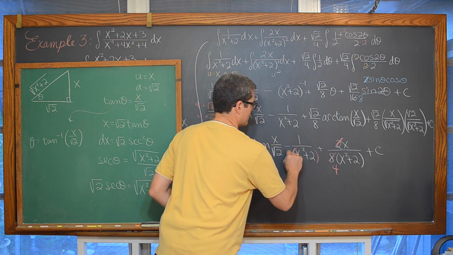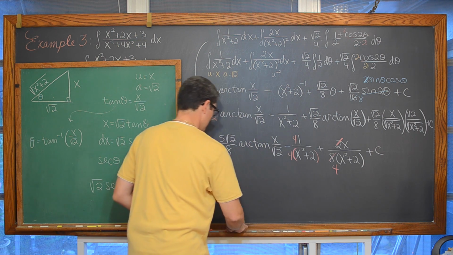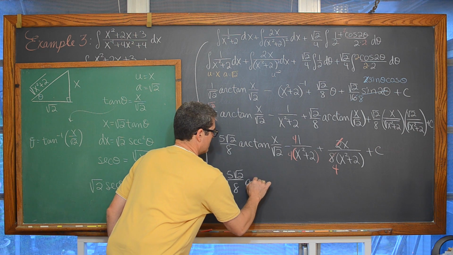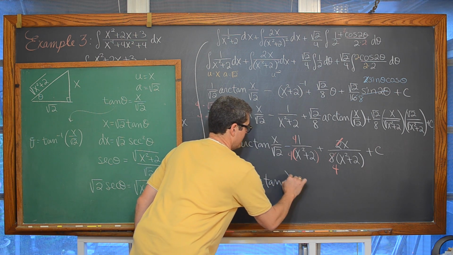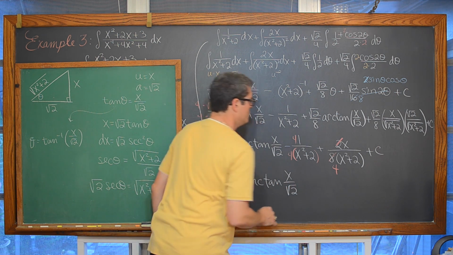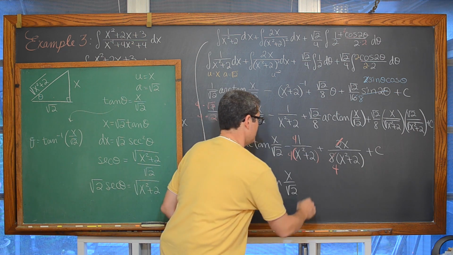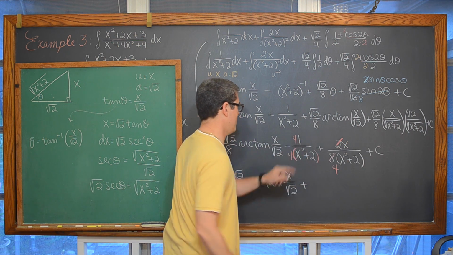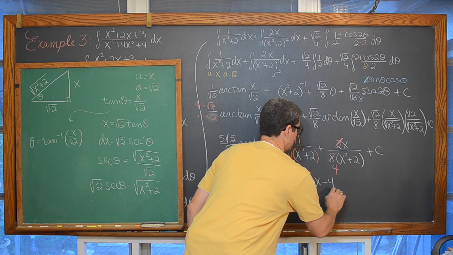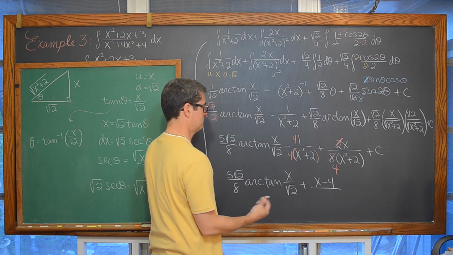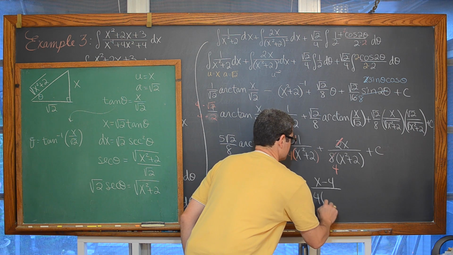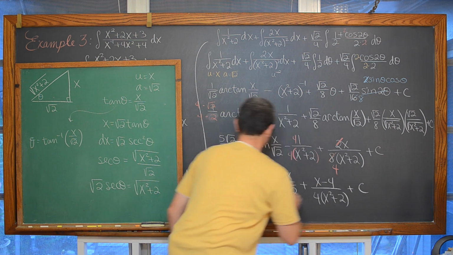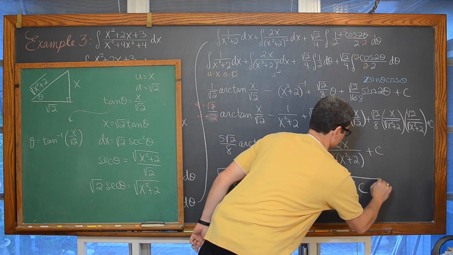We can come in here and multiply this by the 4 in the numerator and denominator and write 5 square root of 2 over 8 arctangent of x over the square root of 2. Common denominator, so we're going to be talking about plus, what do we have here? x minus 4 over 4 times x squared plus 2, plus c, and that is the end of our third example.